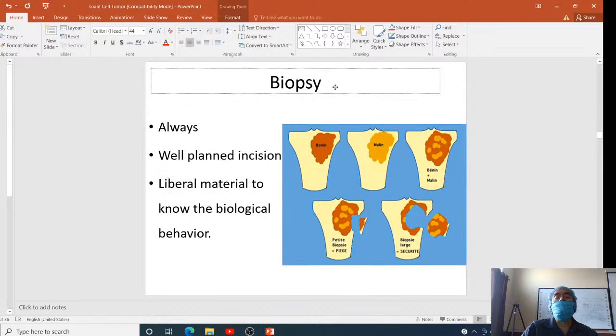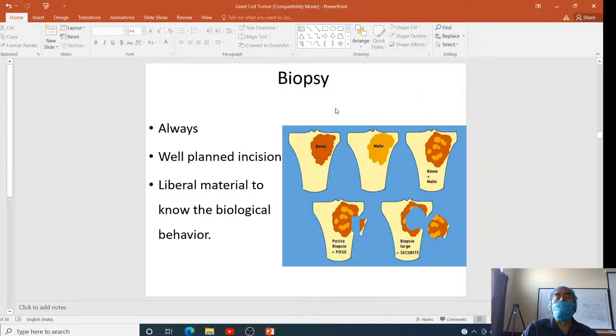And one more thing is, whenever you are doing biopsy, the material should be adequate to help the pathologist arrive at the definitive diagnosis. It's not enough to take just a pinch from somewhere here and send it and wait for his opinion. It will be difficult for him.